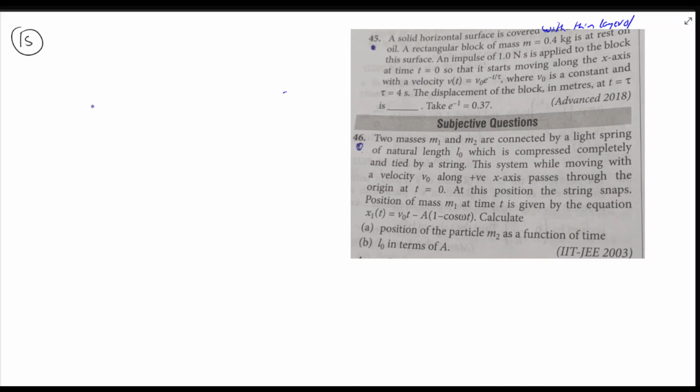Okay, so velocity is given like this: v is v naught e to the power minus t by tau. So initial velocity is 0. Velocity at t equal to 0 is 0, right? Start moving.